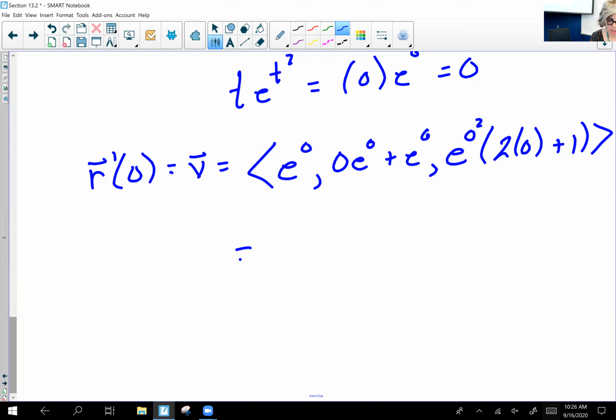When we do that, e to the 0 is 1. This term right here is going to go to 0, but the one e to the 0 is going to be another 1. This is going to go to 1 and 0. So my v vector here is then going to be 1, 1, 1.